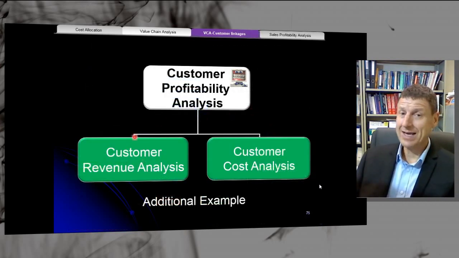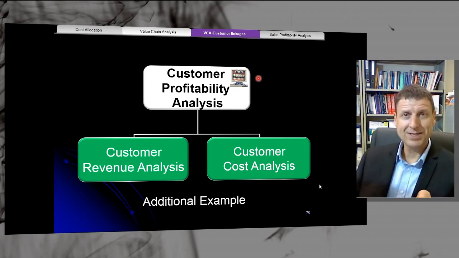So remember, we're looking at customer revenue analysis, then we're going to look at customer cost analysis. We're going to combine them together to get our customer profitability analysis. And there's our little customer there. Yes, we know he's eating and eating and eating. Why does he eat like that all the time? Because he's eating your resources. As you're selling to the customer, you are incurring resources.